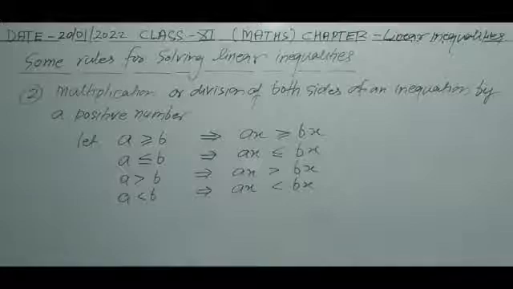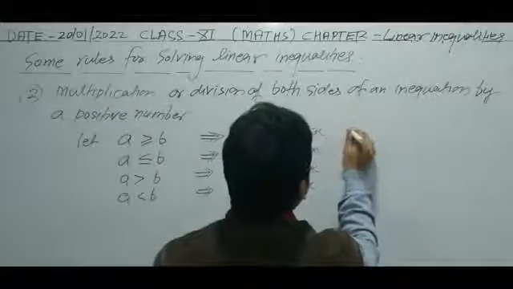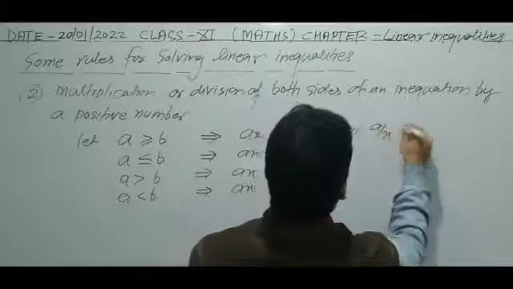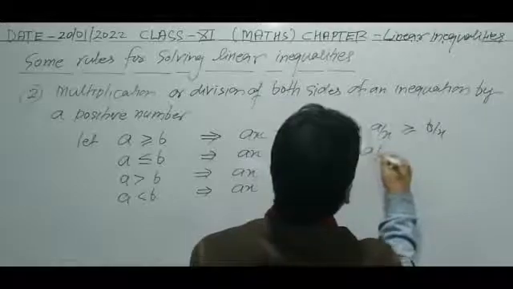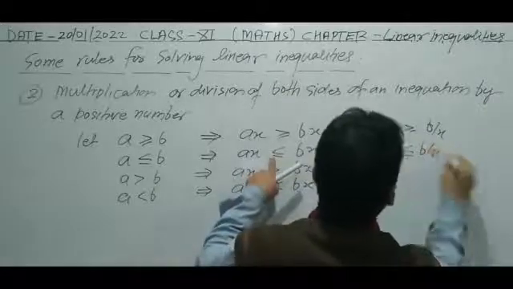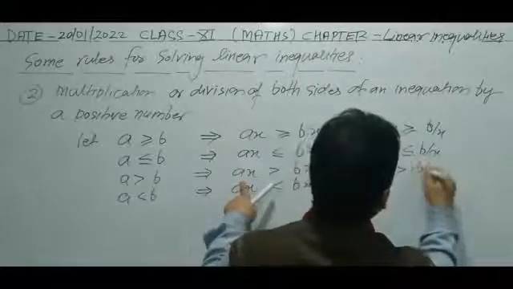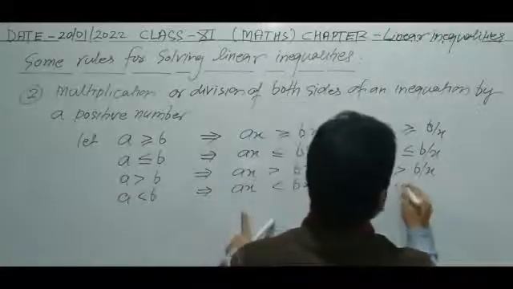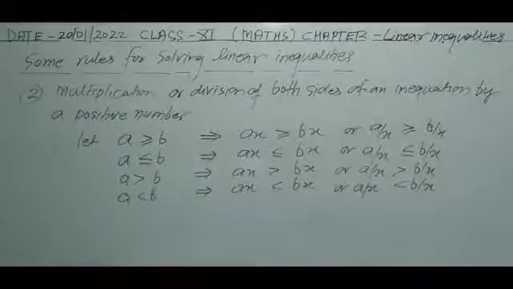Or what can we write? This implies A by X is greater or equal to B by X, or A by X is less or equal to B by X, or A by X is greater than B by X, or A by X is less than B by X. See, we can write this.